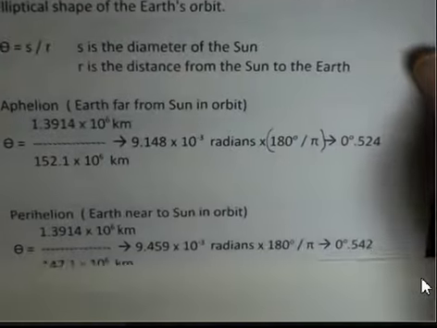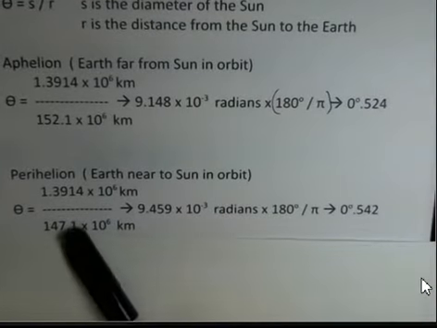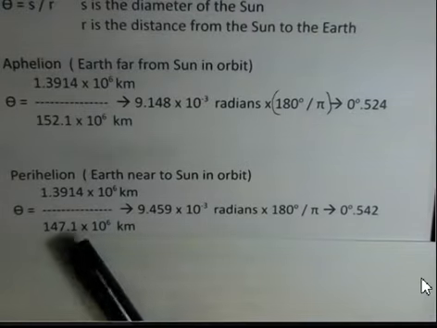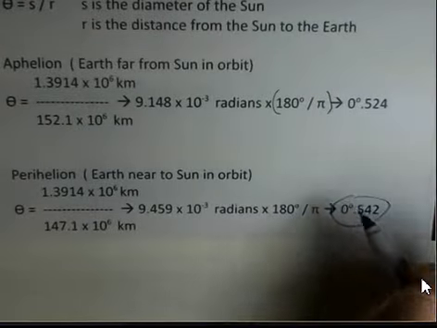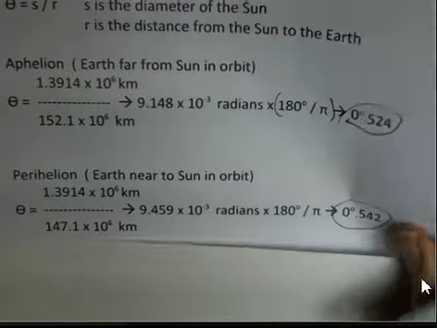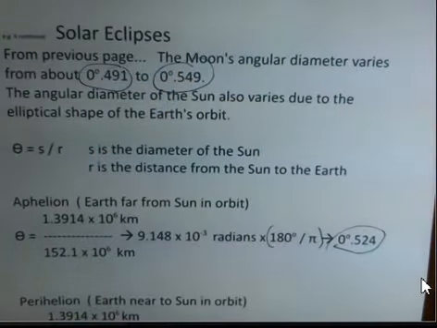And then at perihelion, when the Earth is closer to the sun, put in the distance of perihelion, convert it to degrees, we find 0.542 degrees. So these are our angular sizes of the sun on the sky, and up here are the angular sizes of the moon on the sky.